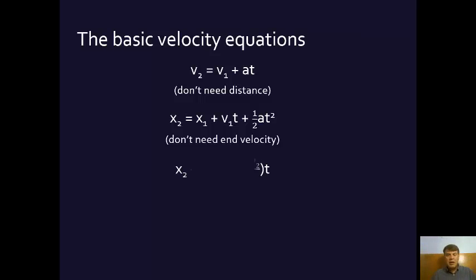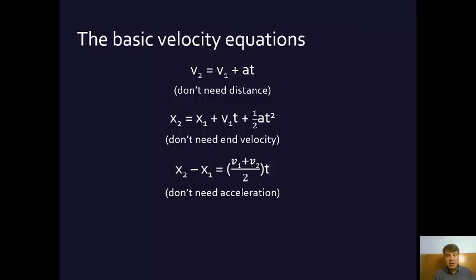Here's another formula. So let's say that you don't have the acceleration. You know the distance it ended up, and you know where it was on the distance line when it started. You know the velocity it ended up, you know the velocity when it started, and you know the amount of time. You don't have to know the acceleration. If it's a constant acceleration, then distance 2 minus distance 1 is equal to v1 plus v2 divided by 2, times t.